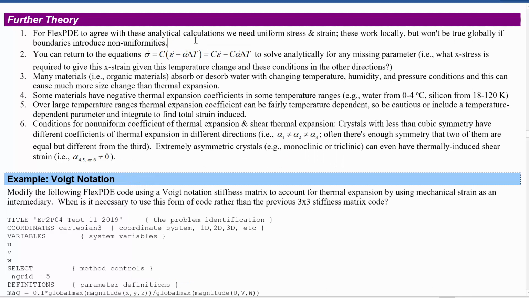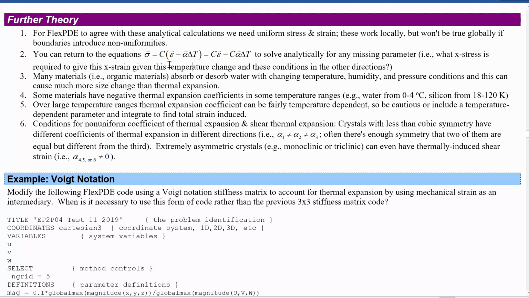So that won't agree totally with what's going on in Maple. But if we ignore the anchors effect, then it could approach what's going on in Maple. You can return to these equations to solve analytically for any missing parameter. Even though we were looking at a situation where the stress is all 0 except for 1 and the strain is all 0 except for 1, you could have any arbitrary setup.